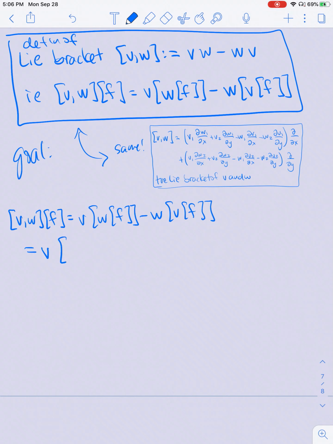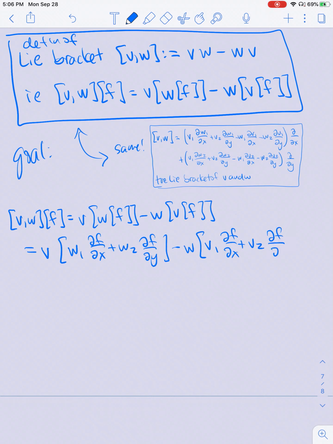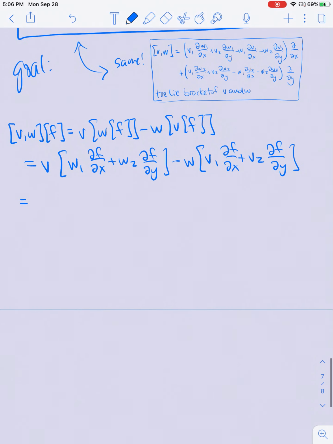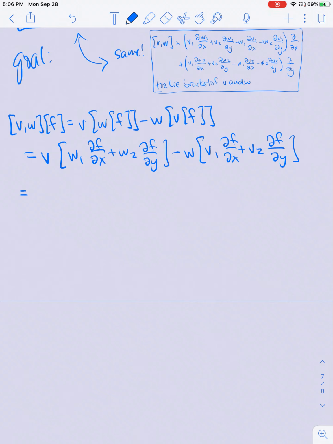Then this is V applied to, okay, now this is going to be W1 df dx plus W2 df dy, minus W applied to V1 df dx plus V2 df dy. And then now I want to take the derivatives in terms of V of the first and W of the second.